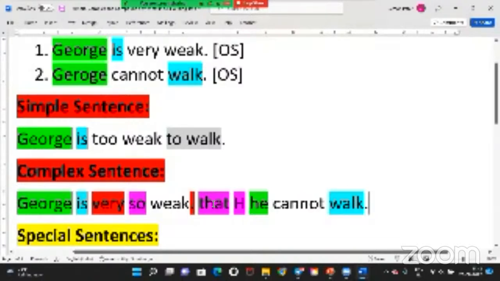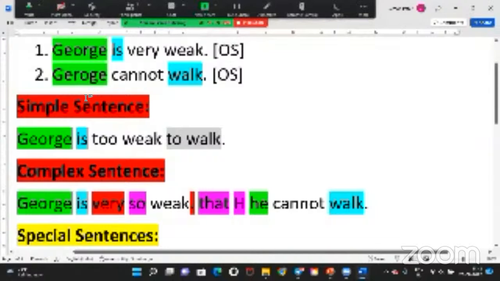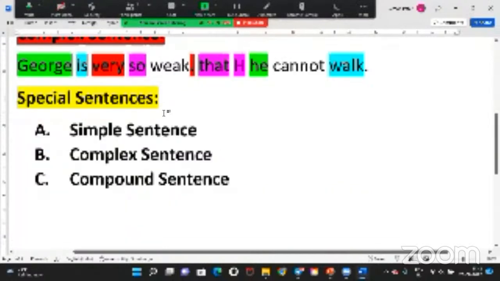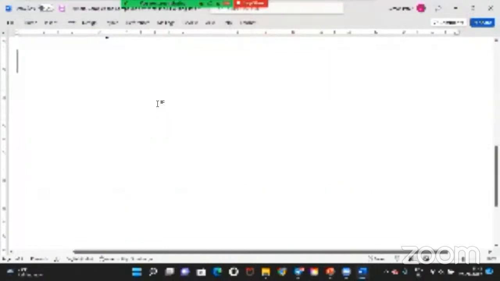Now, what are subordinating conjunctions and what are coordinating conjunctions? I'll give you some idea regarding them.